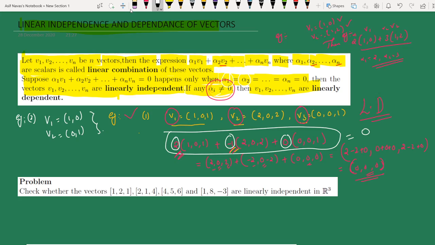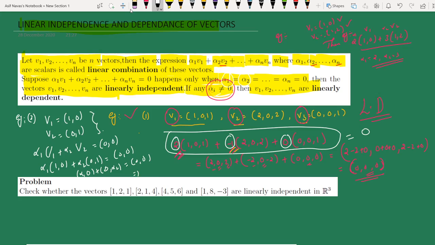So for that I will check alpha 1 V1 plus alpha 2 V2 is equal to 0 0. So alpha 1 into 1 0 plus alpha 2 into 0 1 is equal to 0 0. Now alpha 1 0 plus 0 alpha 2 is equal to 0 0.